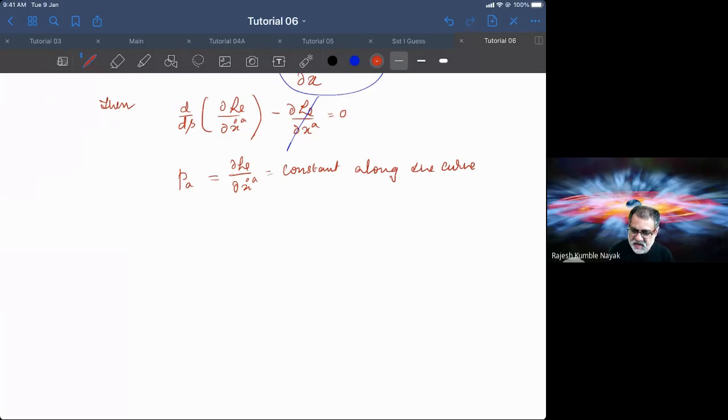The same thing continues in space-time, so it can be written purely in terms of the space-time metric. Now we have a space-time with a metric given by ds squared equal to g_ab dx^a dx^b. This is our length element, and the metric is g_ab. You can raise or lower indices, it does not matter.